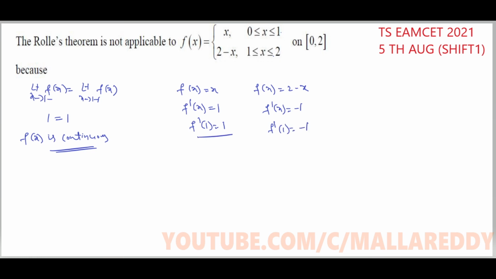Here the left hand derivative is not equal to the right hand derivative. So LHD is not equal to RHD, so the given function is not differentiable. That's why Rolle's theorem cannot be applicable for this function.